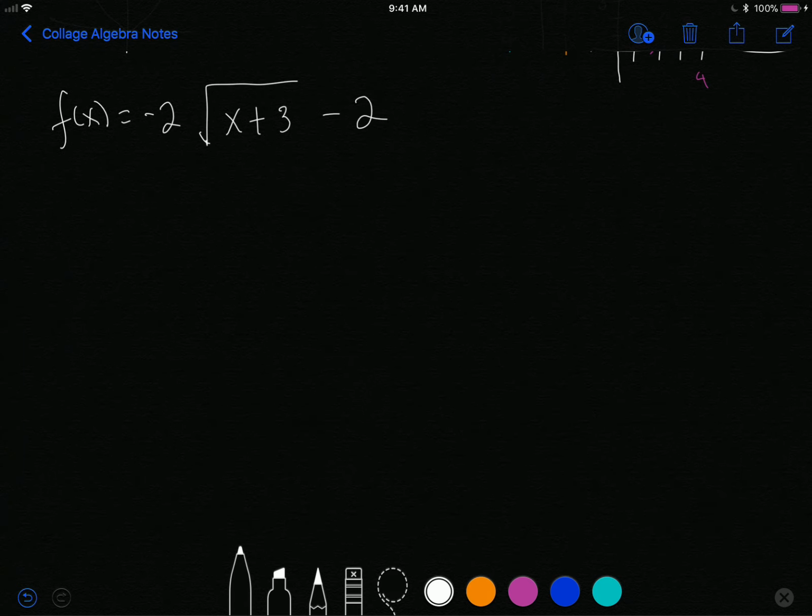Whew. Now if you are like me, you're not that familiar with the square root graph function, you might prefer an exact function right here to help you graph this thing right here.